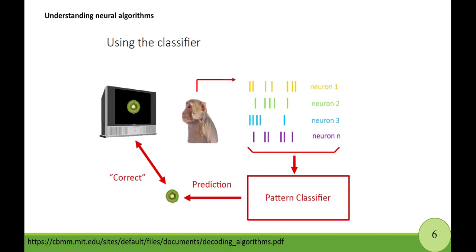If the classifier makes a prediction and says kiwi, and it's correct, we say it's correct. If it's false, we need to improve the parameters of the pattern classifier to predict correctly for this training data, or training neural activity.